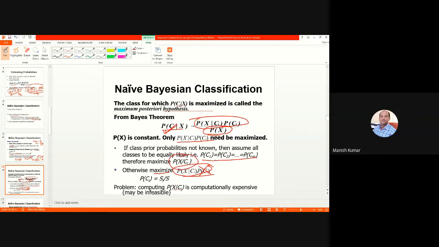So if you apply this method and find that all the class probabilities are the same, there is no need to multiply them with the conditional probabilities P(x|Ci). Rather, P(x|Ci) itself will optimize the thing, so we'll go for P(x|Ci).